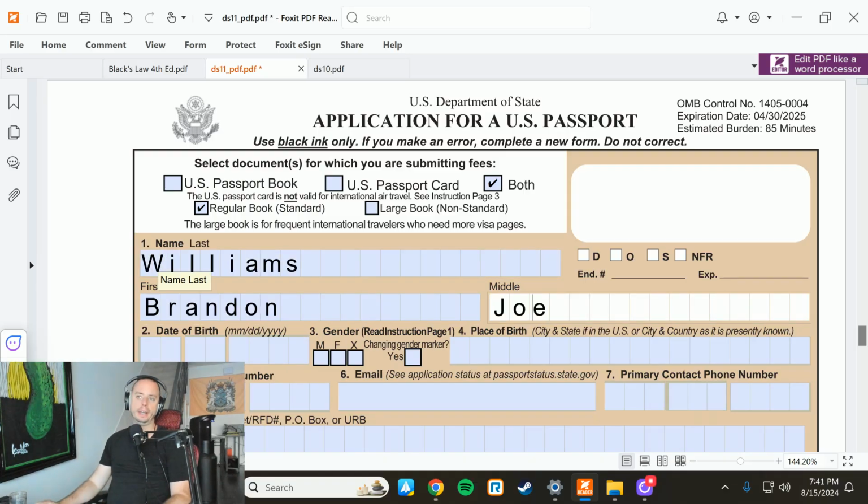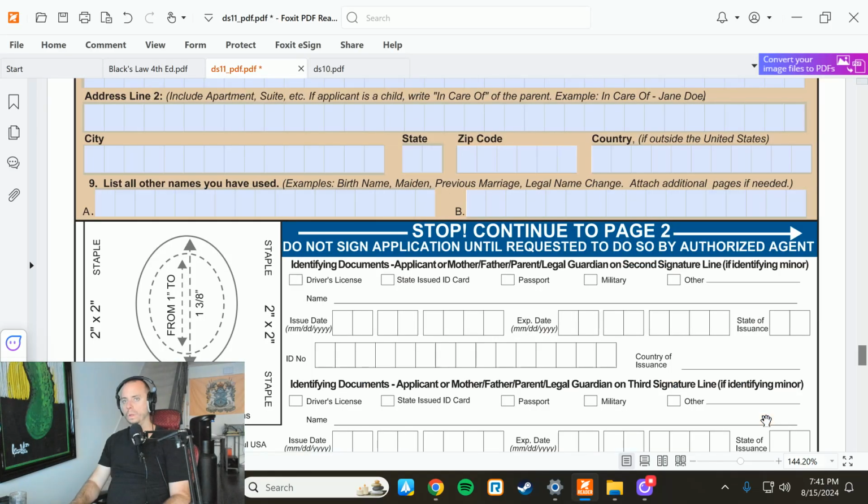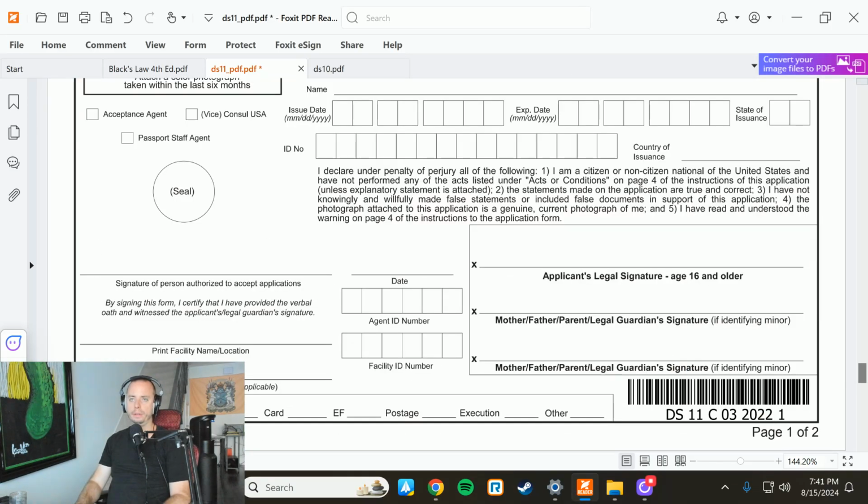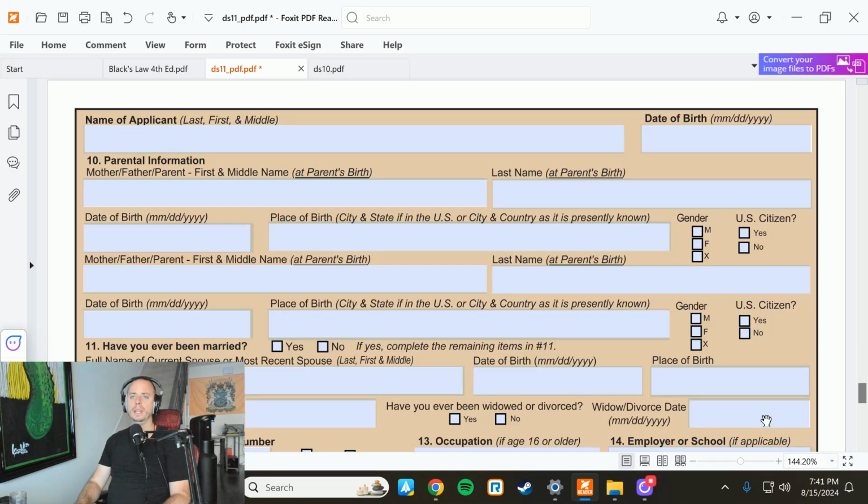Now, this right here, guys, is something I didn't address in the last course. So if we look down for a moment, we see: stop, continue to page 2. They're very clear, right? The white part is supposed to be for the person at the passport office to fill out. And then here's the second page.